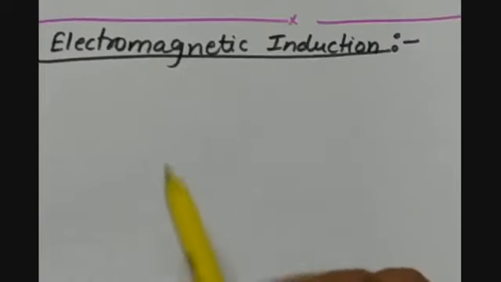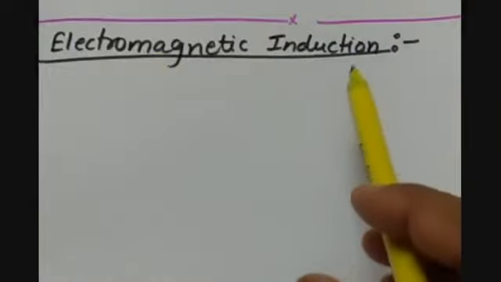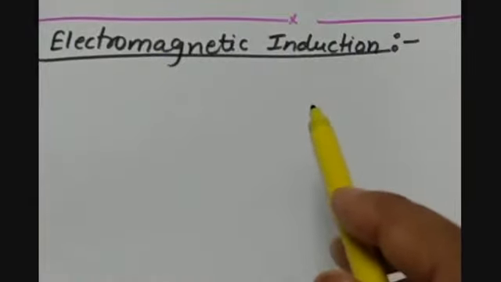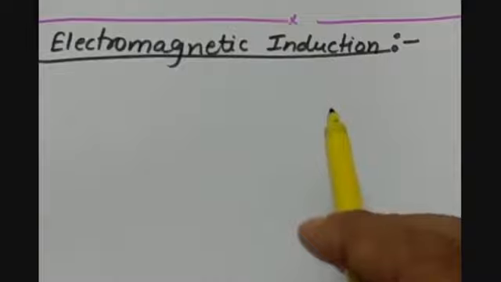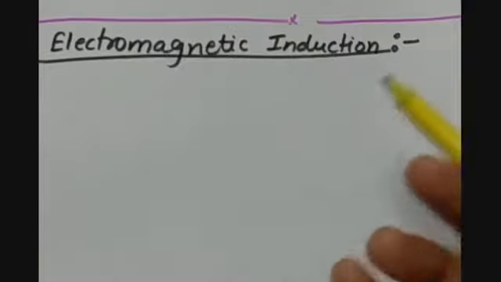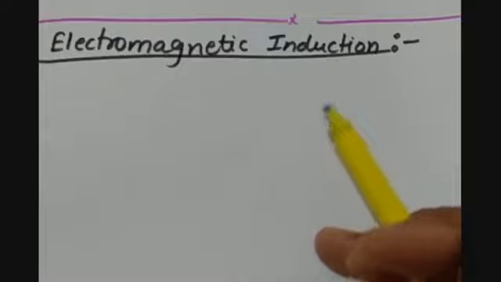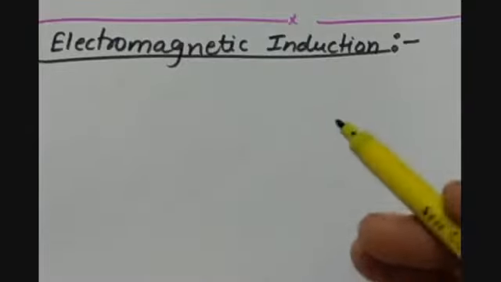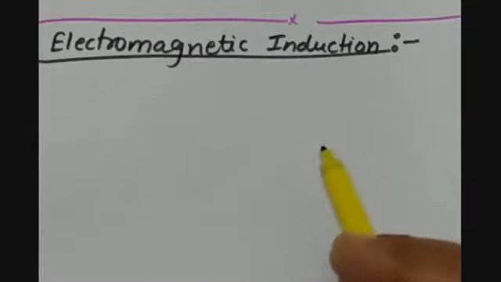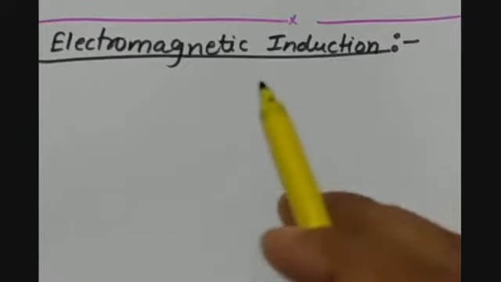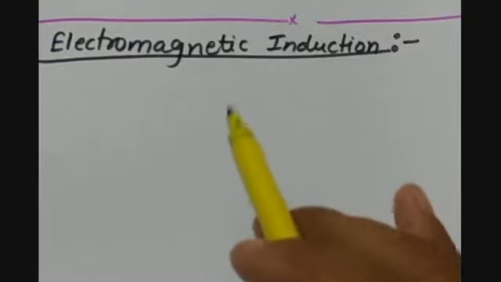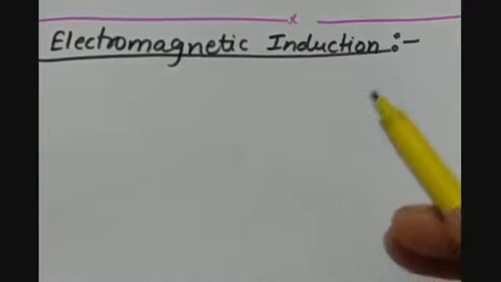The next topic is electromagnetic induction. So dear students, we have learned that Oersted experimentally showed that electric current can produce a magnetic effect. Soon after that, many scientists started searching for the reverse effect: whether a magnetic field can produce electric current or not.